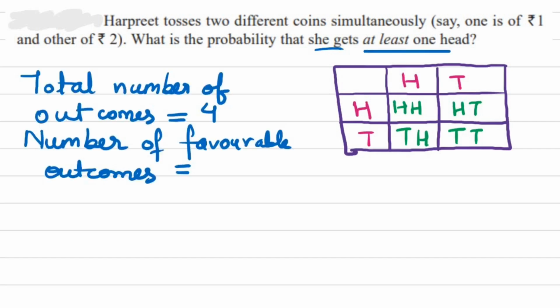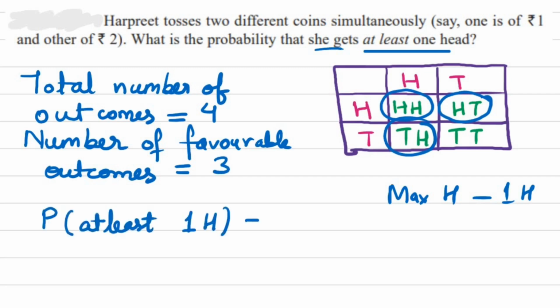The total number of outcomes is 4 and the number of favorable outcomes we have to select out of these 4. So at least 1 head. At least 1 head means maximum heads 2 to minimum 1 head. So here maximum head is 2 and the 1 head case is this and this. So the number of favorable outcomes is 3.